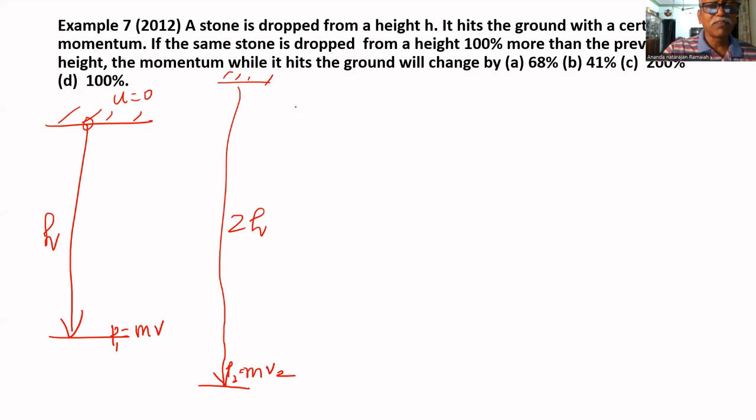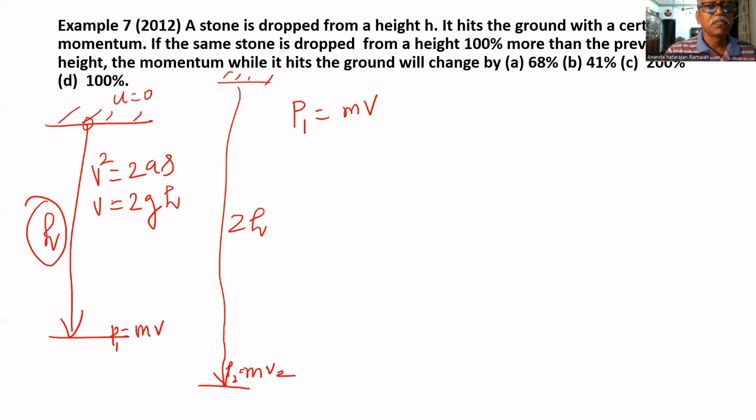We know in the previous sum that momentum p1 equal to mass into velocity. Here h is given, u equal to 0. Therefore, V square equal to 2aS, where a equal to g and S equal to h. Therefore, V equal to square root of 2gh.